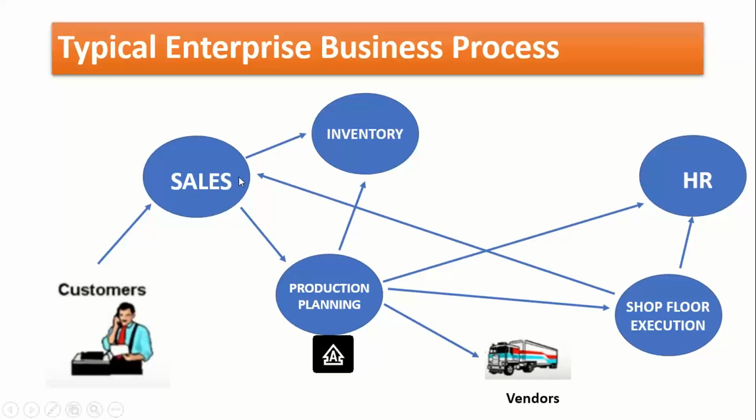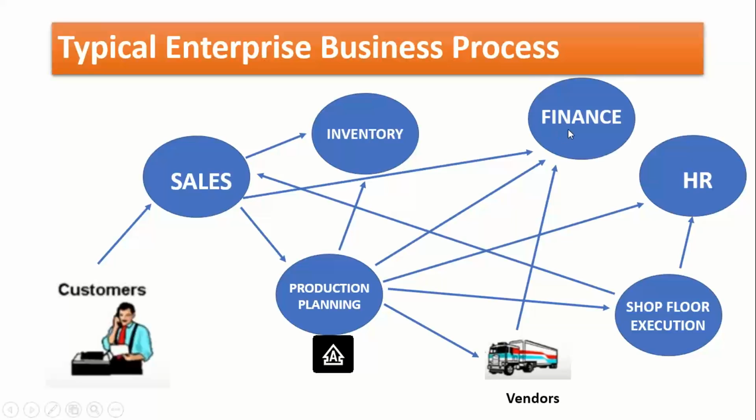They give the information to the sales department. Hey, products are ready. The sales department, production planning, vendors, everyone is going to contact finance. For what? The sales department will say we are selling 10,000 products to this customer, the Amirpet distributor, get the money from him. It is called accounts receivable. Then production planning contacts the finance department, and vendors contact the finance department.